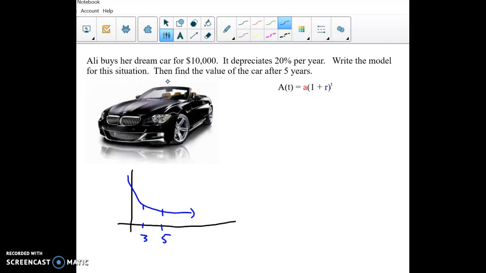All right, so $10,000 at the start, it depreciates, which is just a fancy word for decreasing or losing value. We want to find the value after 5 years. Pause the video, see if you can figure out the setup for this.